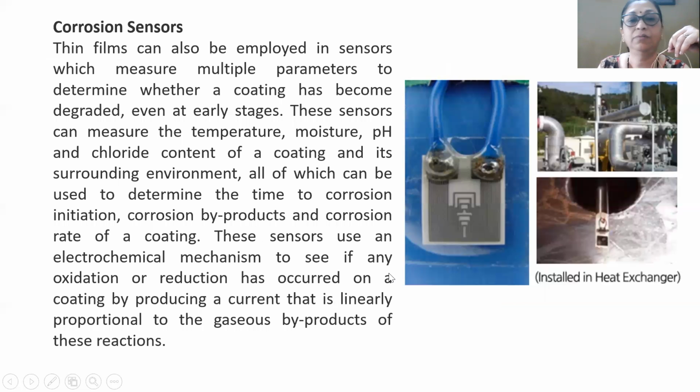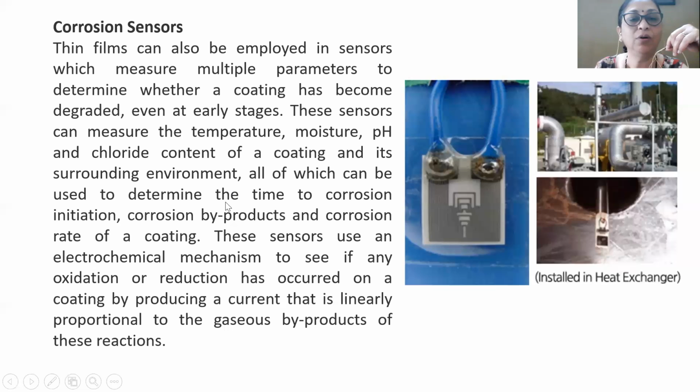Now here you can observe thin films can also be used to sense multiple parameters. These multiple parameters can determine whether some coating has been degraded or corroded, even at early stages. These sensors can measure multiple parameters like temperature, moisture, pH, chloride content of the coating, and its surrounding environment.